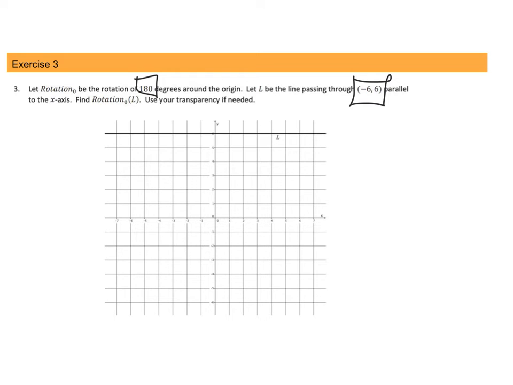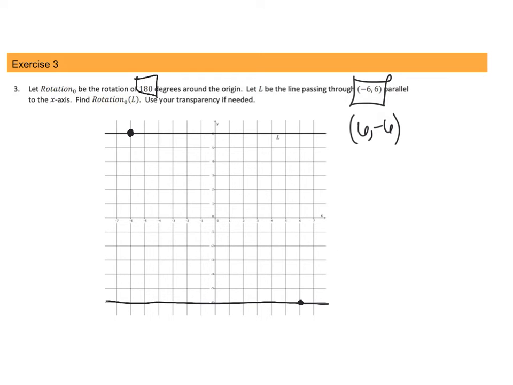So if this is one of the points they're starting with, negative 6, positive 6, which is right here, then I know that the rotated point is going to be positive 6, negative 6, right here. And because this is a straight horizontal line, I know the new line is just going to be right here. If it wasn't straight, I would just need another point so that I could connect them.